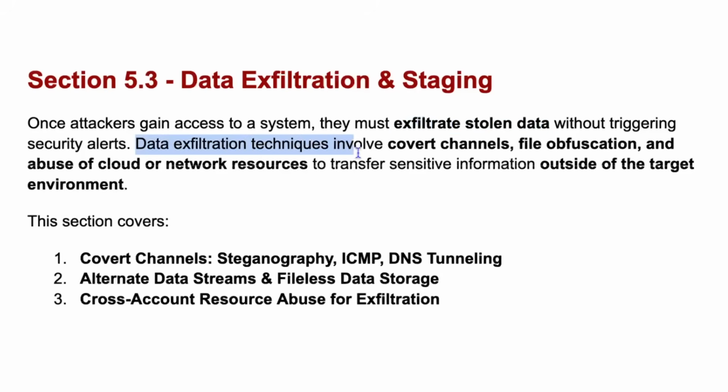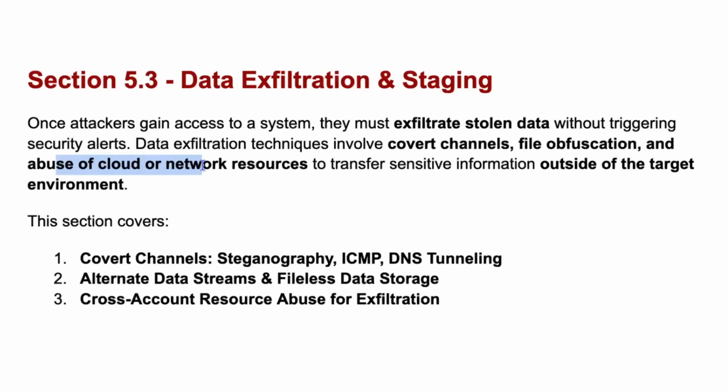So data exfiltration techniques involve covert channels, file obfuscation, and the abuse of cloud or network resources to transfer sensitive information outside of the target environment. Covert channels, so that they can't see that there's actually a connection being made externally. File obfuscation, which is when you disguise the file or the data that you're sending so they don't know what you're sending.